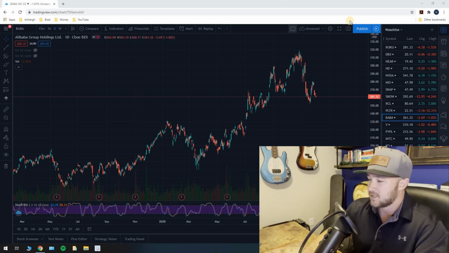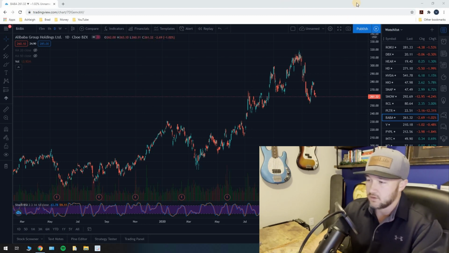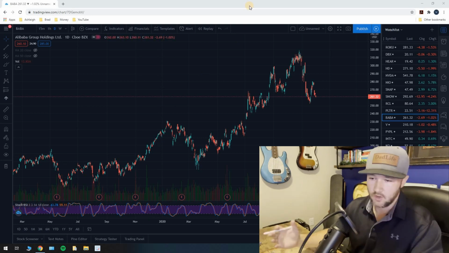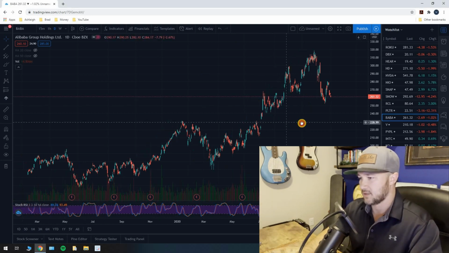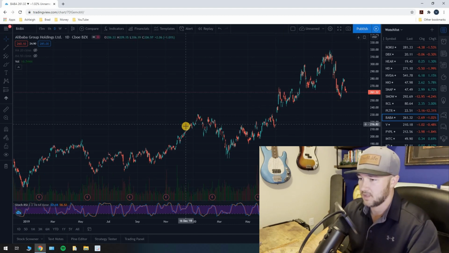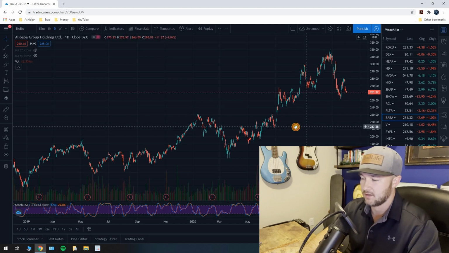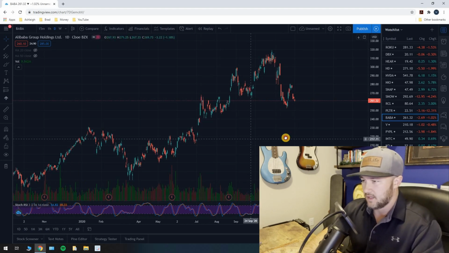Okay, so I've got it open in TradingView. We are looking at daily candlesticks over almost the last 2 years, but really we're looking at the last 6 months or so, this price action right here. Let me show you what I mean.